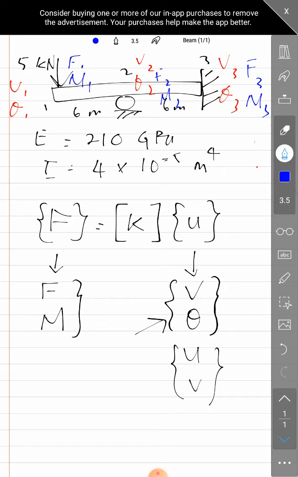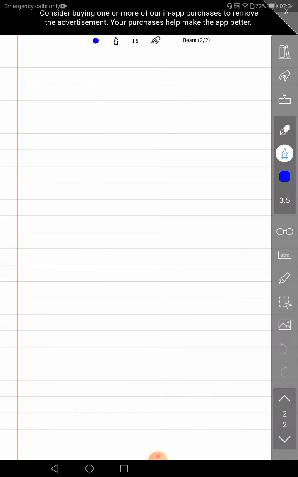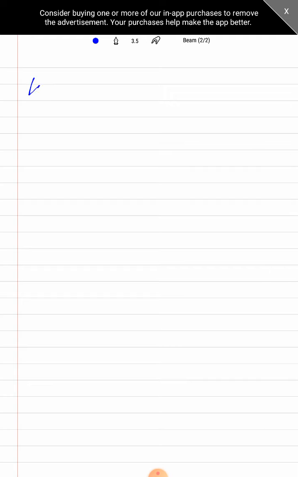Okay, so remember the element stiffness matrix for beam is equal to EI over L cube, and then you have this matrix. Okay, 12.